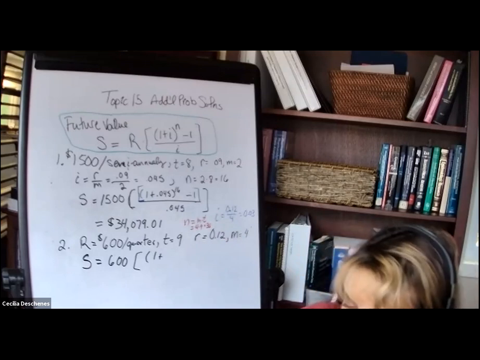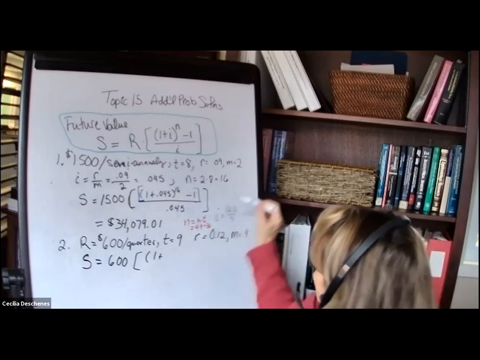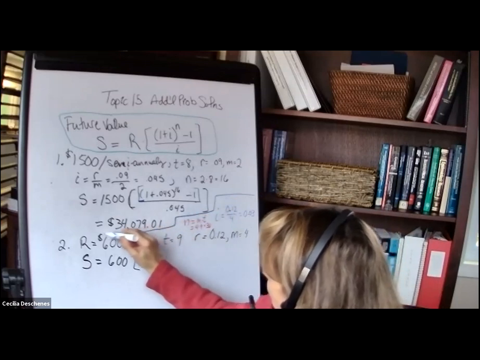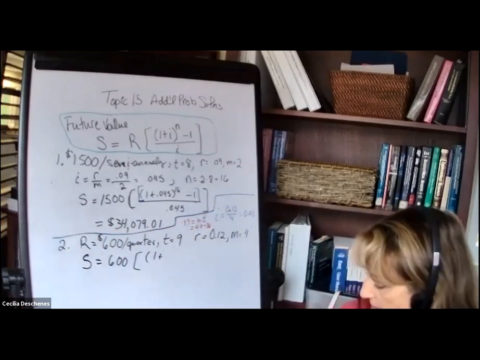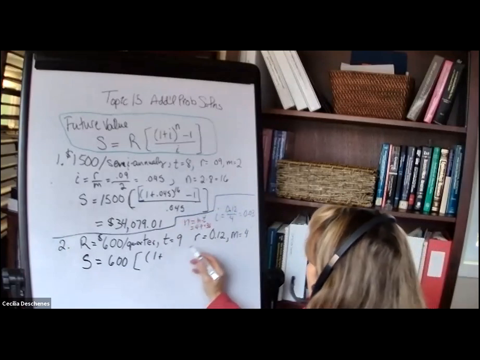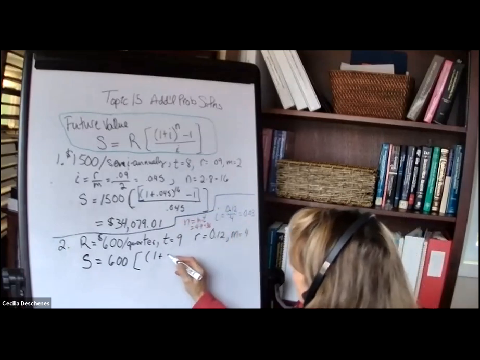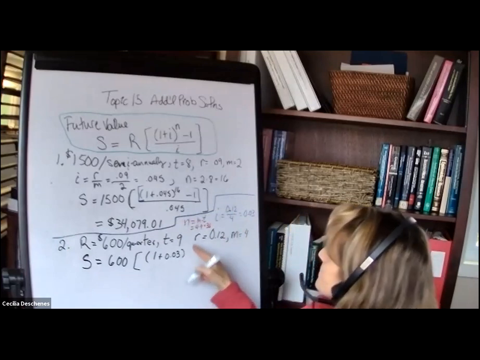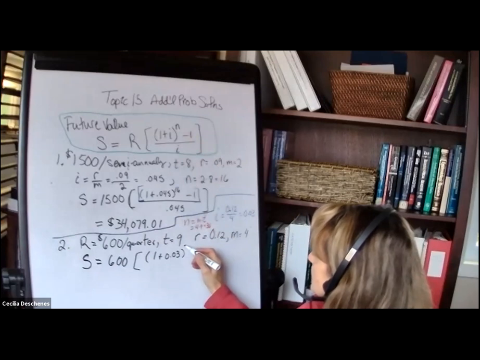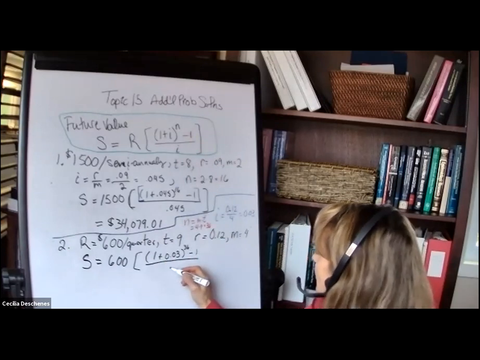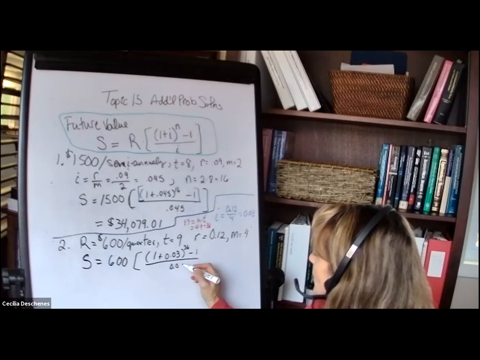And just to keep things nice and clear, let me put a line that this is all problem 2 that we're dealing with, so separated from problem 1. Okay, so we're going to put 1 plus our I, which is 0.03. We're going to raise it to the nth power, which is 36. We're going to subtract 1, and then the whole thing is going to get divided by 0.03.